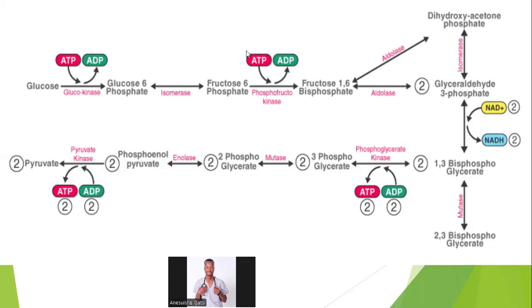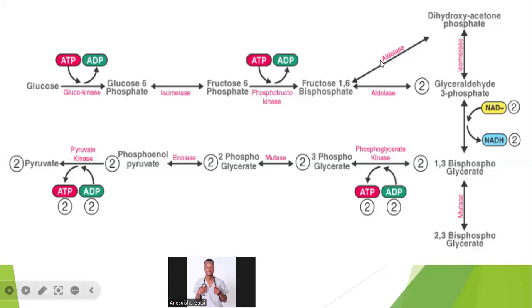It's also going to use ATP because we want to take that phosphate molecule. So now what you form is called fructose 1,6-bisphosphate. Now you have two phosphate molecules.